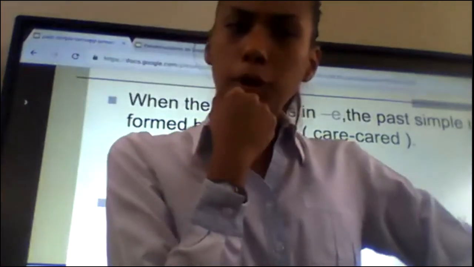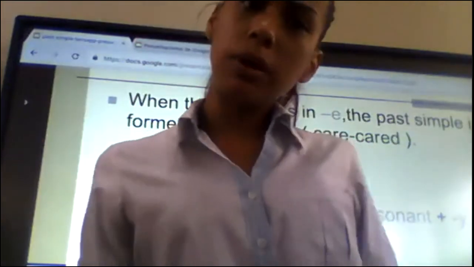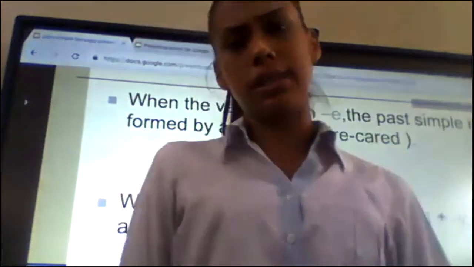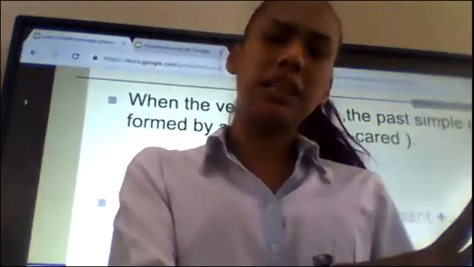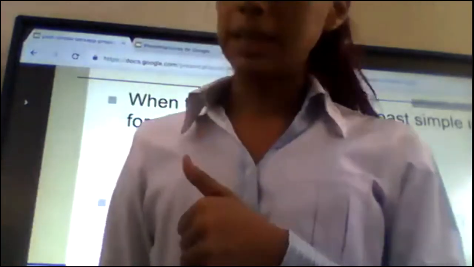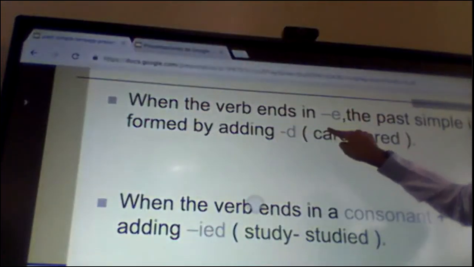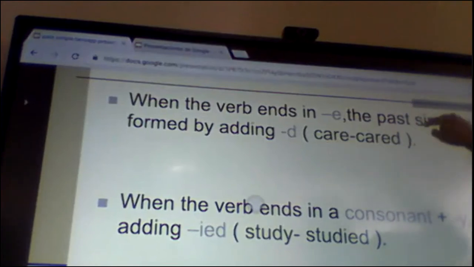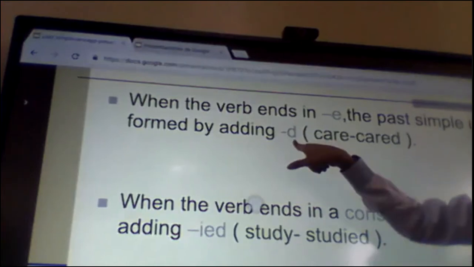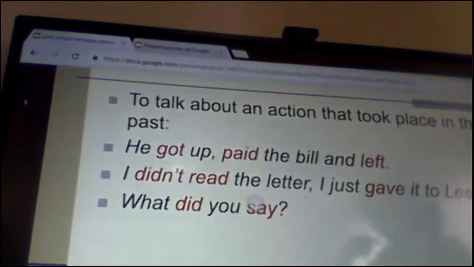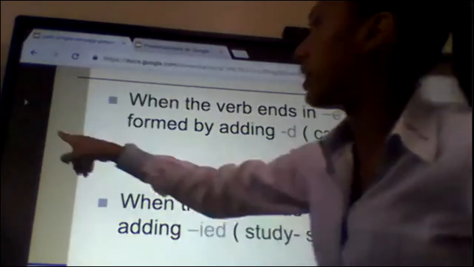Or for example, any verb that ends in letter E. What happens if the verb already ends in letter E? Do I need to add another E and then the letter D, or what do we do? Let's see. When the verb ends in E, like care, the past simple is formed by adding only the letter D. Me voy a poner otra vez ED, because in this case, it's already done over there, we can say.